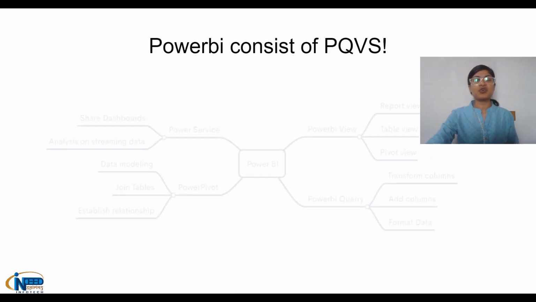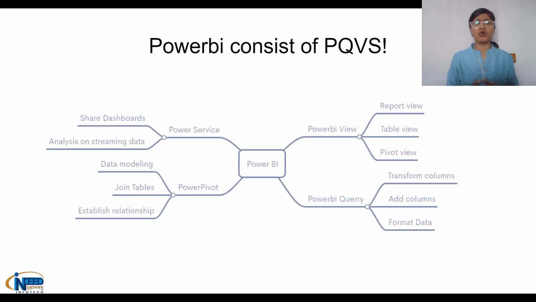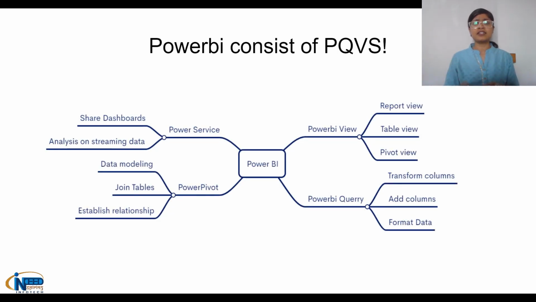We will be exploring the tools inside Power BI, that is PQVS: Power Pivot, Power Query, Power View, and Power Service, which also consist of sub points. We will explore them in an overview right now, and I will explain them in detail in further sessions.